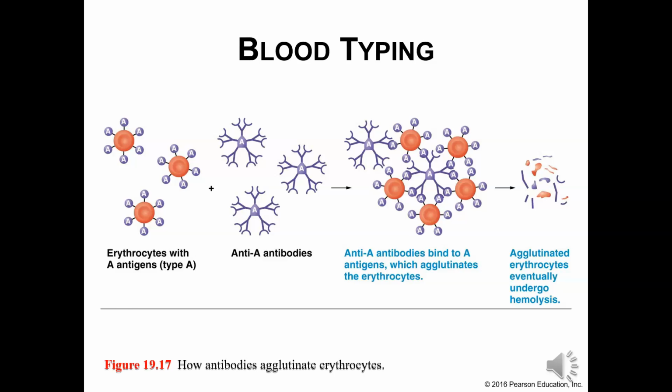So the anti-A antibodies will bind to the A antigens, as you can see here. The Y-shaped form on the antibody binds to the A antigen on the red blood cell, and that causes these red blood cells to clump or agglutinate. They aggregate together, and these agglutinated erythrocytes then eventually undergo hemolysis. So that's why when you mistype blood types, it can be fatal.